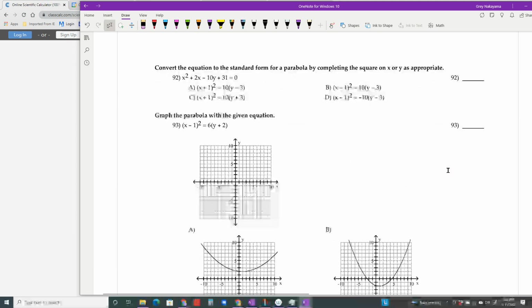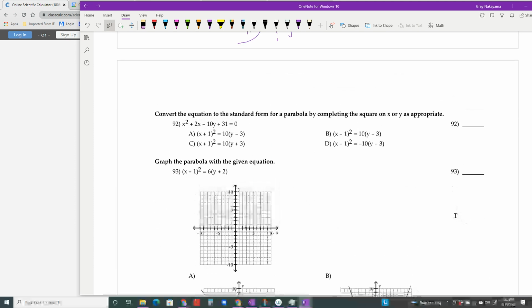Convert the equation to standard form of parabola by completing the square. So I'm going to keep all the x's on one side and take everything else to the other. So that's x squared plus 2x plus blank equals 10y minus 31 plus blank. So half of 2 squared is 1.